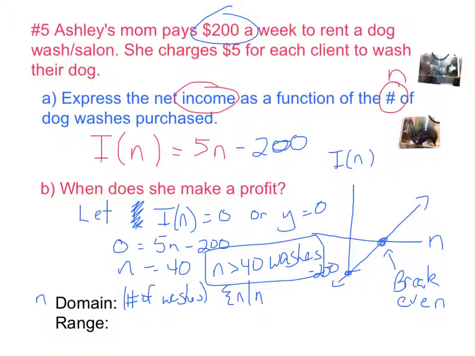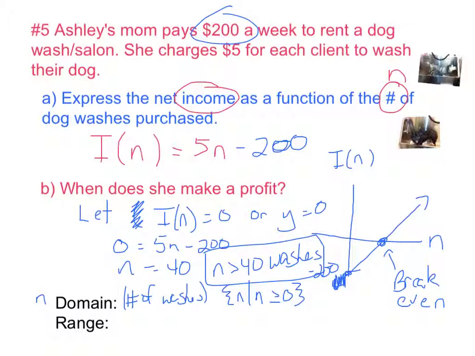Could you do negative washes? Is that possible? Yes or no? Could n be negative? No, you can't. You can't go back in time and take back a dog wash. So n must be greater than or equal to what? Can you have 0 dog washes? Well, I suppose you could. It's not good, but I suppose you could.